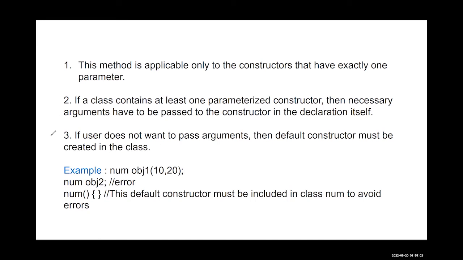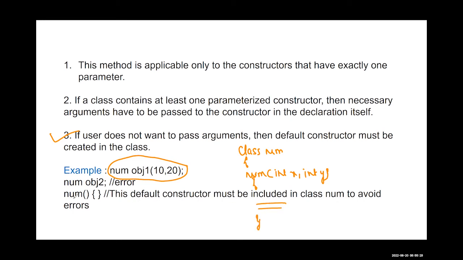So what this means is, whenever we are using a parameterized constructor, suppose I have a class number where I have my parameterized constructor. In this case it is number, and I am using the parameters int x and int y, right? Then I am initializing some values here.